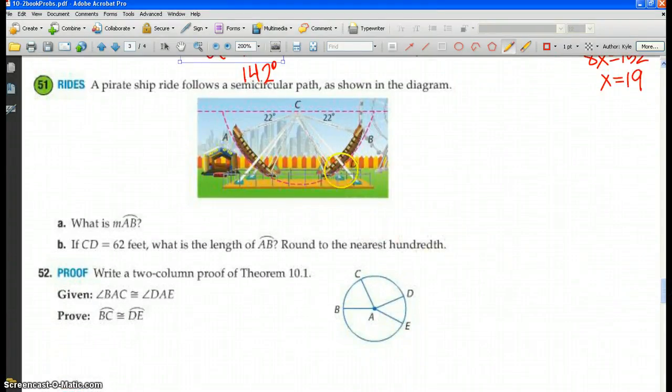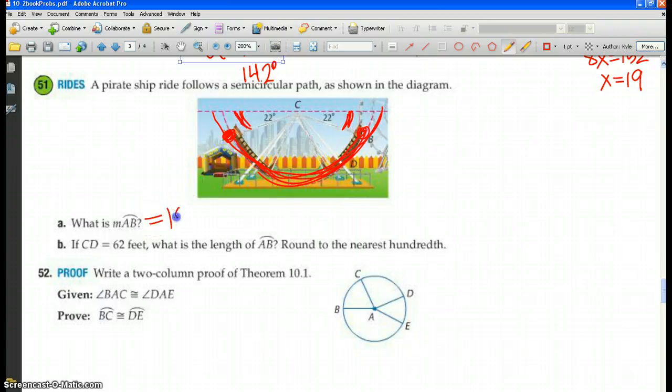On number 51, a pirate ship ride follows a semicircle path as shown in the diagram. Part A, what is the measure of arc AB? So arc AB, we're going from this point to this point right here, which would be the semicircle from here to here minus this angle and this angle.